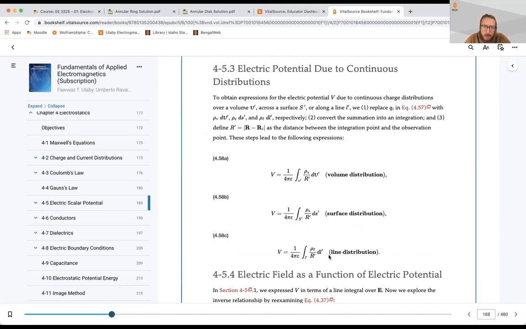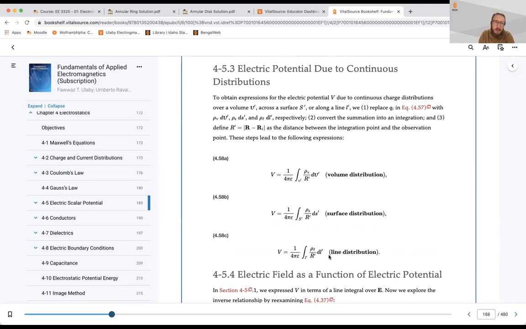Okay. So this is what the textbook says. So if we have a circular disk with a radius and it has a uniform charge density across the surface, and we want to find the electric potential, we have this information about volume, surface, and line distribution.